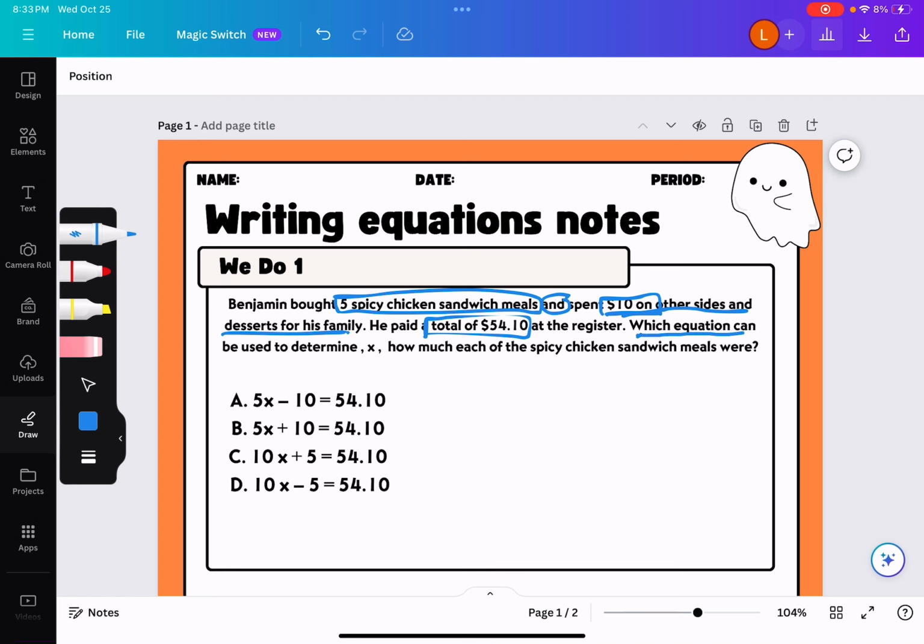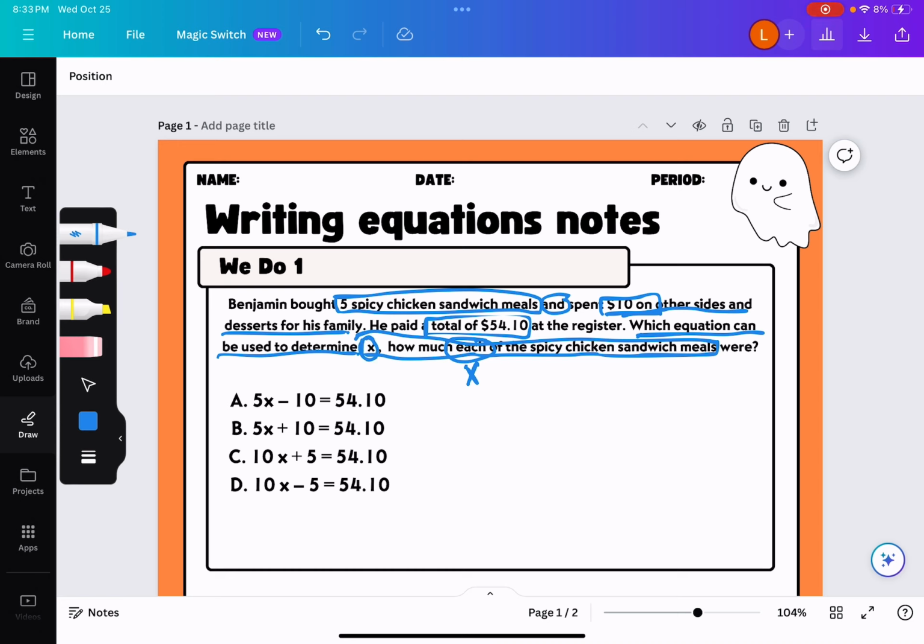And now we want to know which equation can be used to determine X, how much each spicy chicken sandwich meal was. Okay. So here we know that we have the keyword each. So that means that's our variable, and we're given our variable of x.